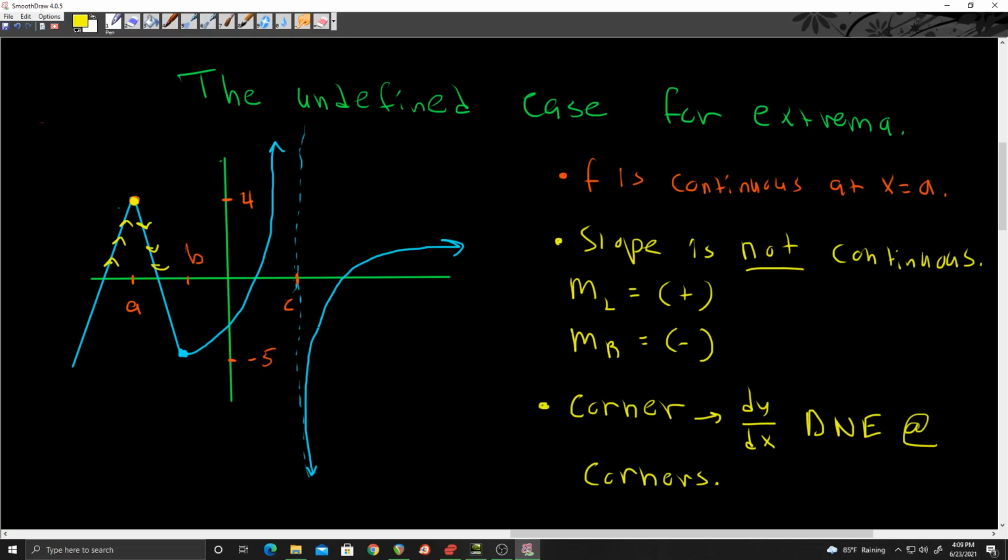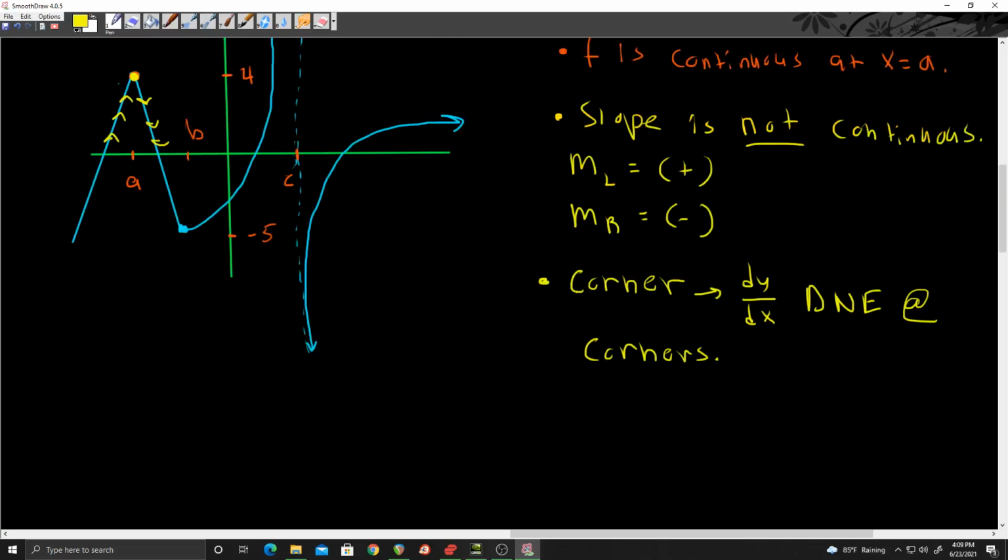Now this curve, on the other hand, if we just look at this little logarithmic looking thing here, this slope does change continuously everywhere. So this is what a continuous change in slope looks like, versus a gap in the slope, a jump in the slope, a corner. So this is the first case where dy dx is undefined. That's the big point I wanted to make here, is that at x equal a, dy dx, the derivative, is undefined.